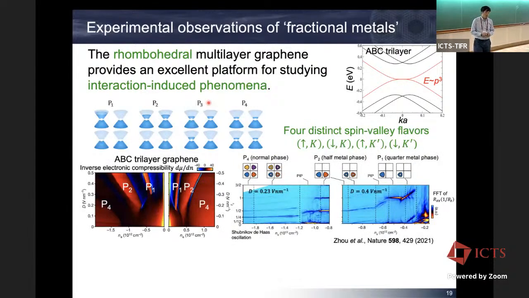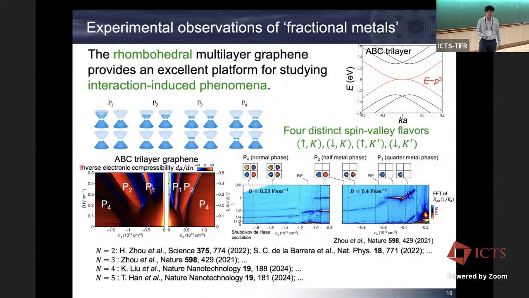And again, chronologically, this was the first experimental paper that was published 3 years ago in Nature, where they are able to distinguish the different types of spin valley flavor polarization through compressibility measurements and also through measurements of these magnetic oscillations that are able to count the number of Fermi surfaces that are expected in this system. But again, all this was followed up very quickly by other groups, or even the same group, for n equal to 2, 3, 4, and 5 layers in recent years.